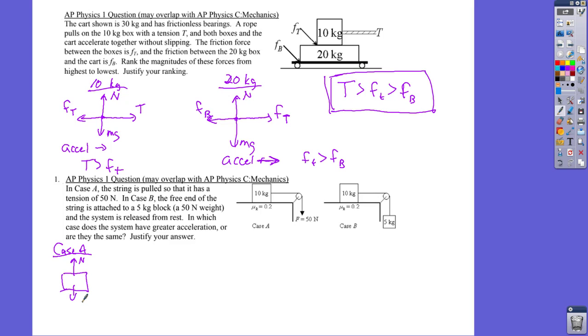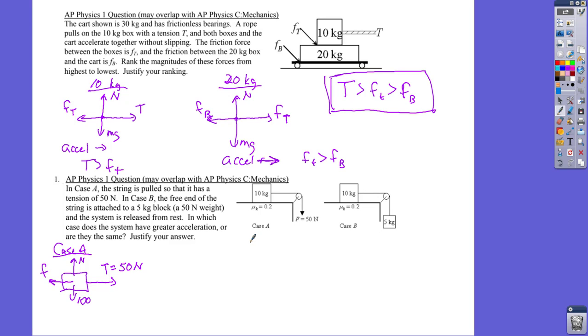We'll have a weight force, so you can call it mg, or you could even write the value, 10 times 10 would be 100 newtons. Okay, we've got a frictional force. Again, you could calculate the value, but I'm not sure it's necessary here. And then we have a tension force. I'm going to call that a tension force of 50 newtons.